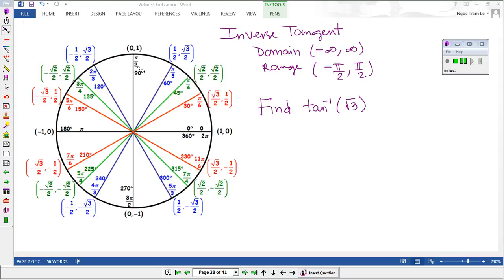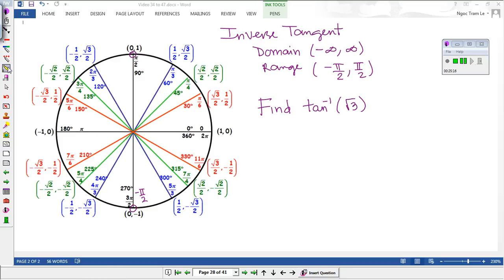So we can look at our unit circle right here. This is positive pi over 2, so this will be negative pi over 2 if we go clockwise.